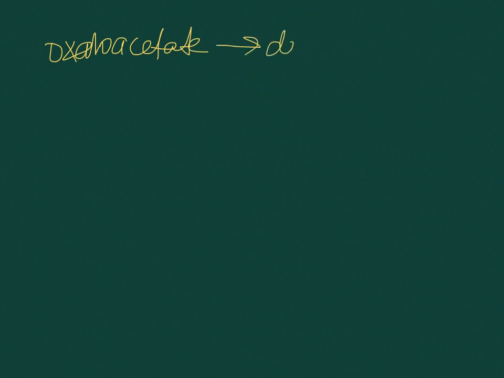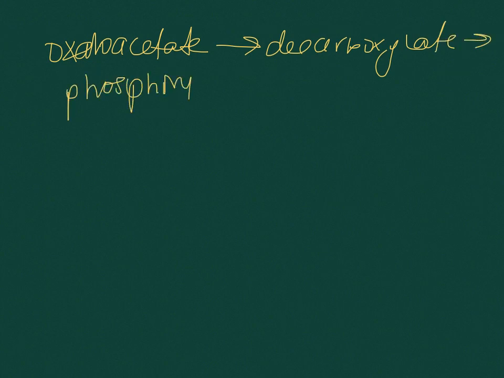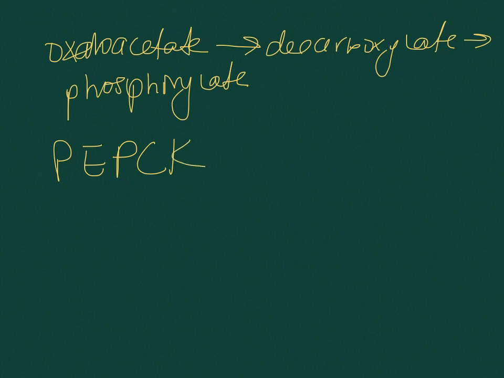Next we're going to take oxaloacetate. We are going to decarboxylate and then phosphorylate. This reaction is catalyzed by phosphoenolpyruvate carboxykinase, and the product is PEP.